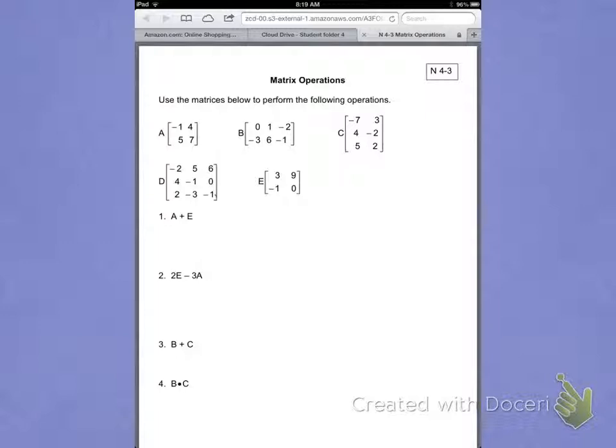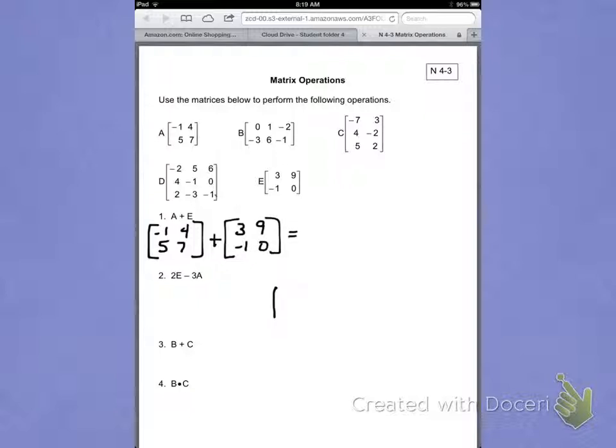So let's write down here what we have. We have matrix A, which is -1, 4, 5, 7, plus matrix E, which is 3, 9, -1, and 0.